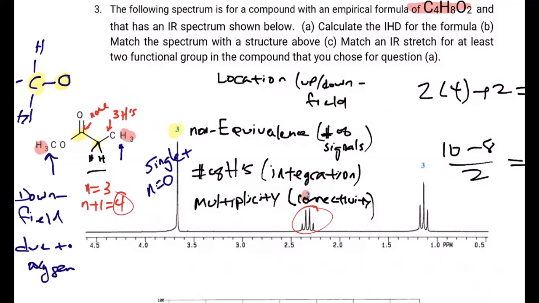Right, so N for that would be 0. I should probably color code that. And then the 2, let's make that a different color.